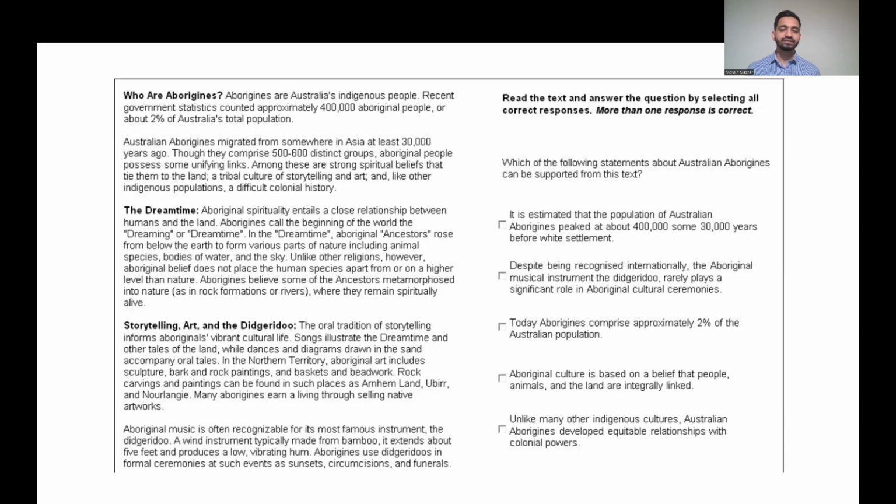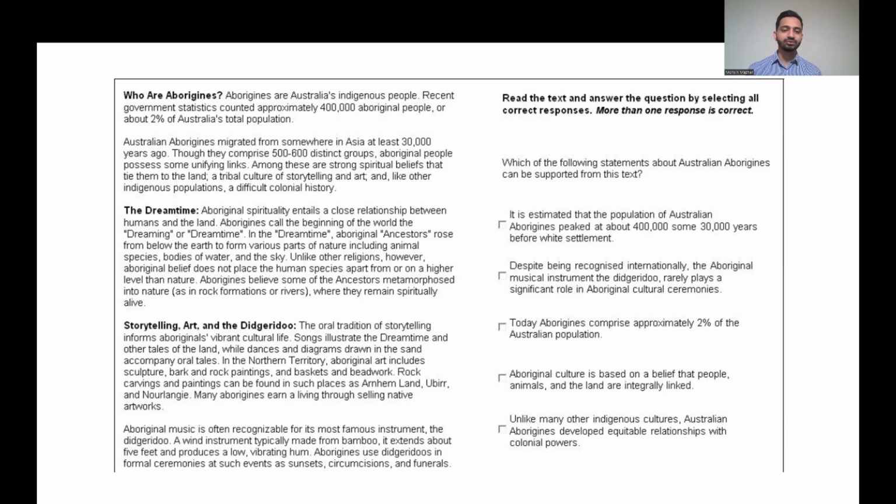Aboriginal spirituality entails a close relationship between humans and the land. Okay, so we do have a relationship. If you look at option number 4, Aboriginal culture is based on a belief that people, animals, and the land are integrally linked. I think we will get some information here because it's talking about that relationship. Aborigines call the beginning of the world dreaming or daydream.